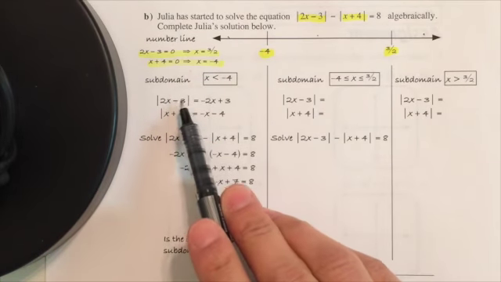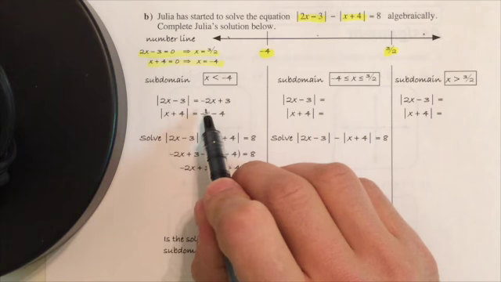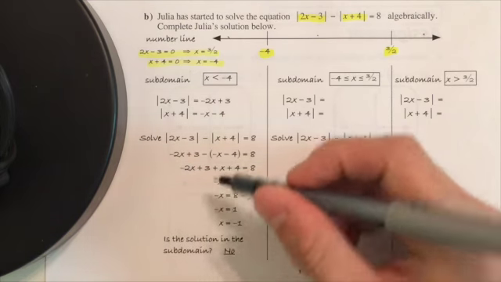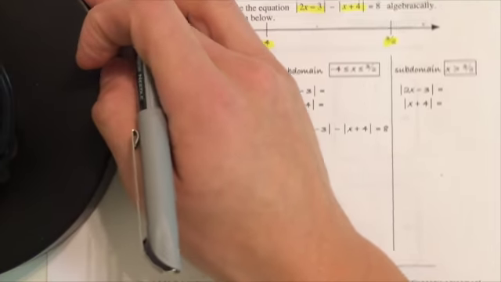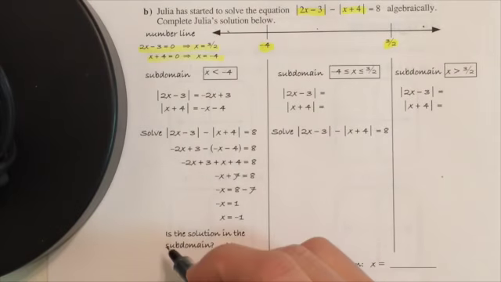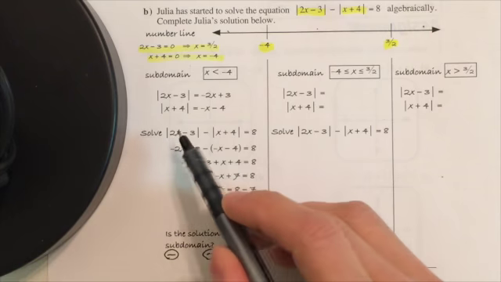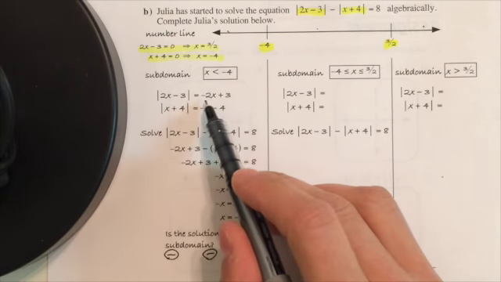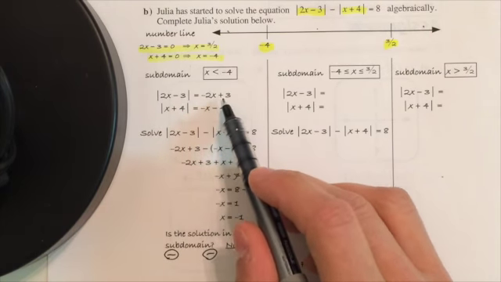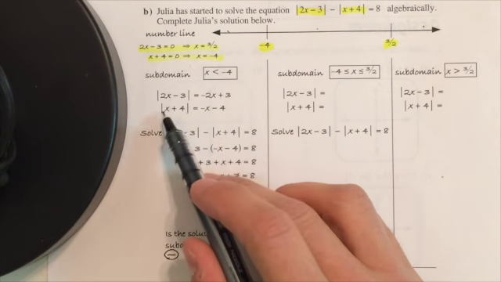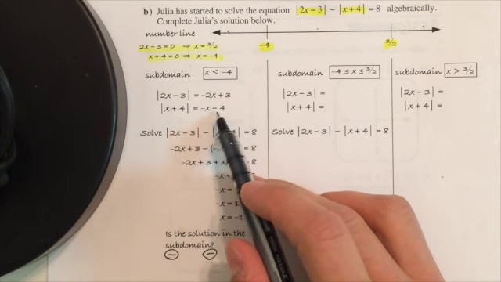So if I have 2x minus 3, and I make both of these a negative, so that's negative, and that's also a negative. So 2x minus 3 is the same thing as negative 2x plus 3. And then if I make this a negative, negative x minus 4.